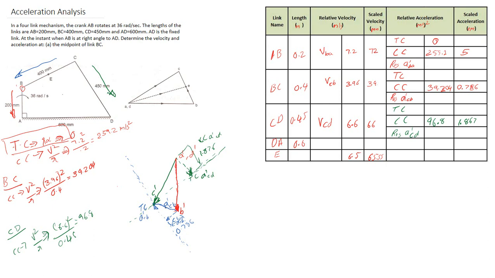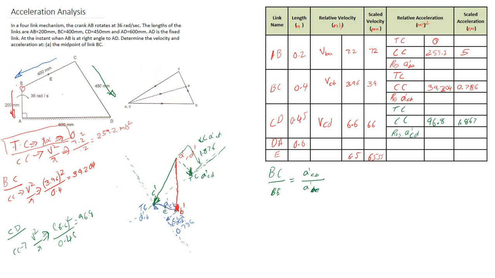The point E is exactly at the middle of this acceleration diagram. Either you can bisect this line or take the ratio, as we have done in the velocity diagram: BC divided by BE is equal to acceleration of CB divided by acceleration of BE.